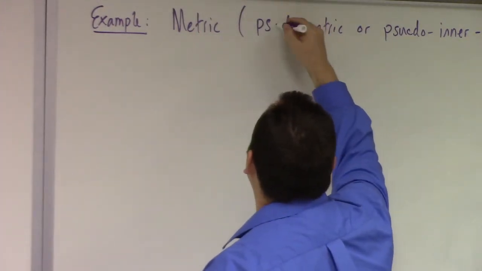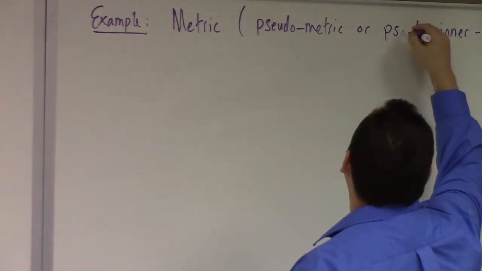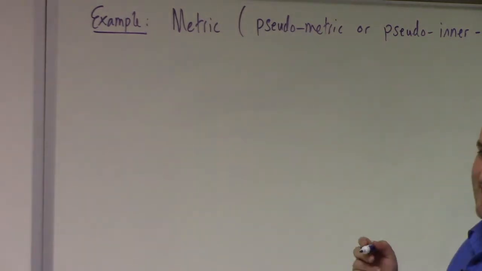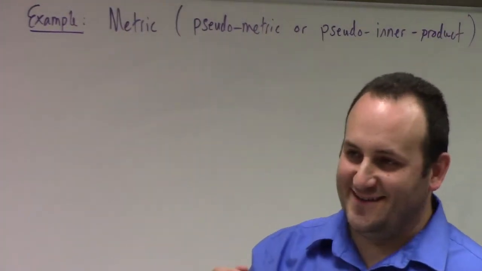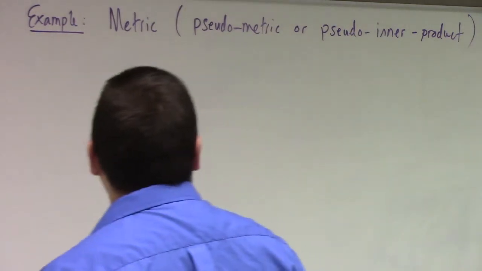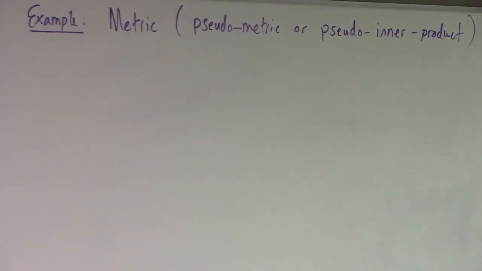It's like a pseudo spelling of pseudo. It's like the double dual. So I'm just going to call it metric though, because I hate saying pseudo. It's a useless word.